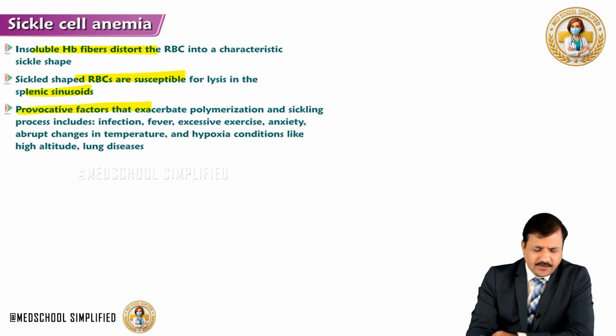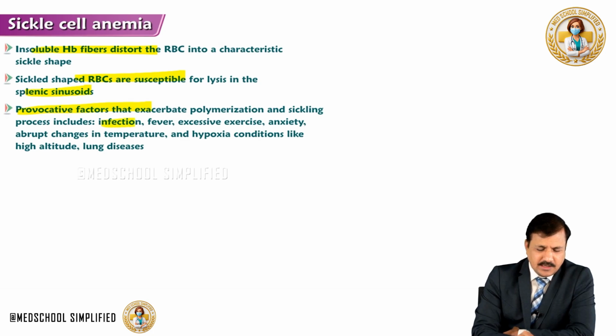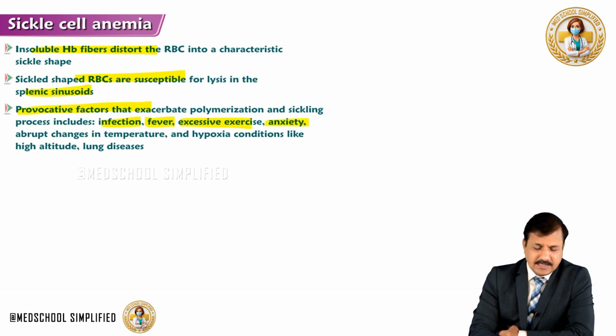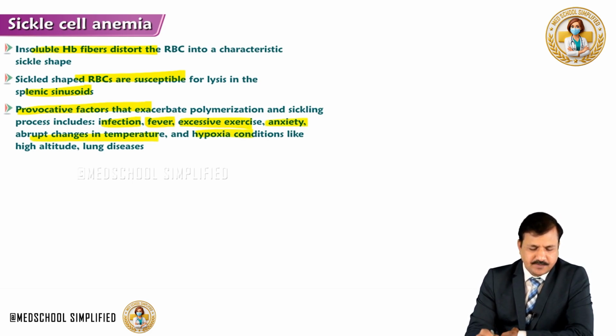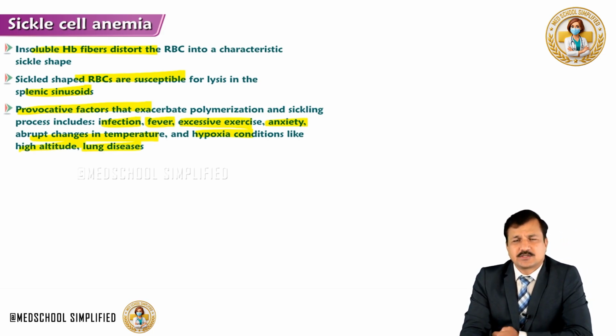Some of the provocative factors for polymerization of hemoglobin are anything that will lead hemoglobin into the deoxy condition: fever, infection, excessive exercise where there is deoxygenation, anxiety, abrupt changes in temperature, hypoxia, high altitude, and lung diseases where hypoxia is seen.